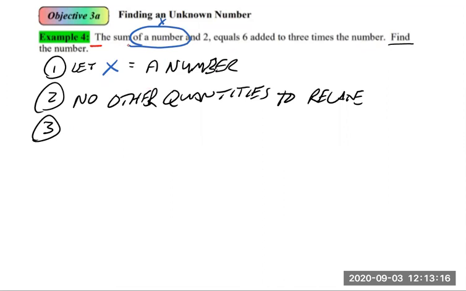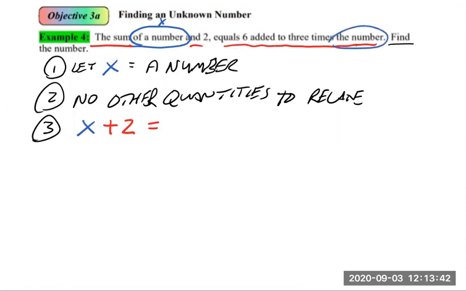We're going to interpret what this means in terms of algebraic process. The sum of a number and 2, so that's the sum of our number, which is x, and 2, is equal to 6 added to 3 times the number.